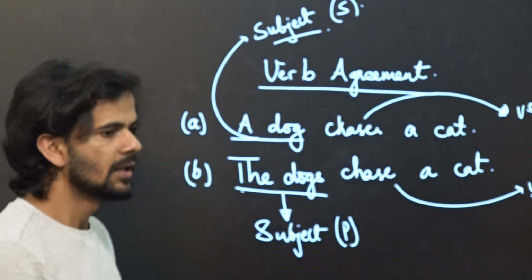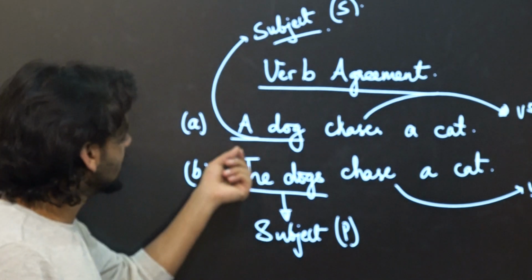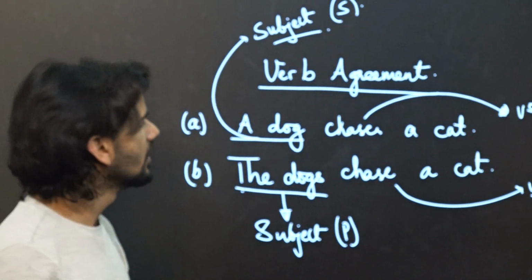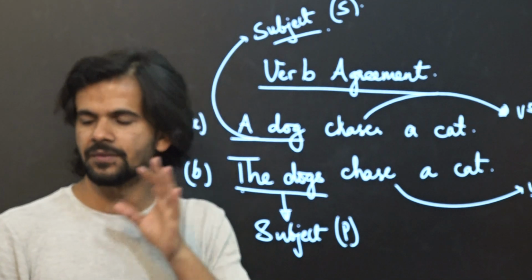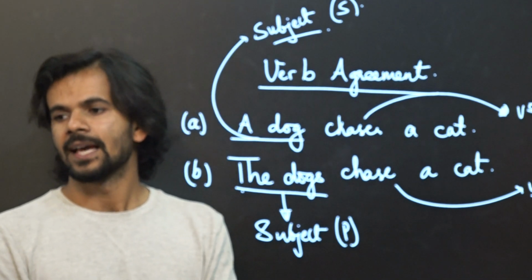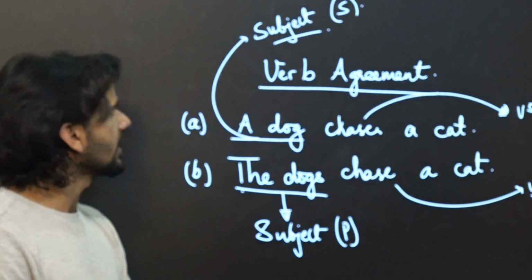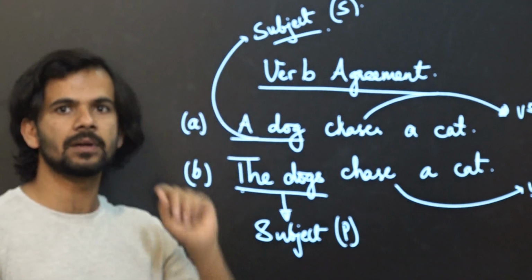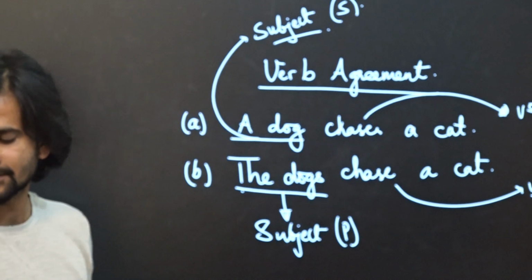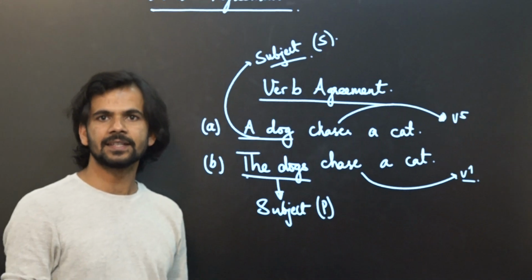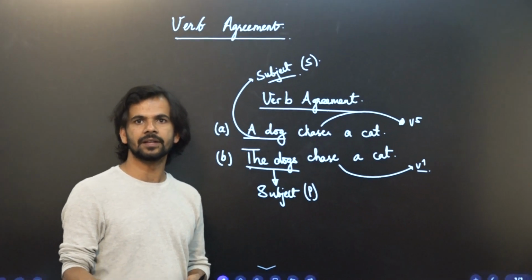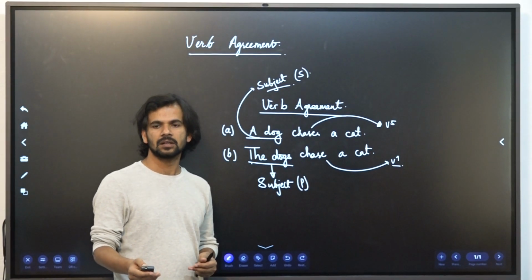Right? Depending on the nature of the subject, the verb also changes. The verb takes different forms. This is what we call subject-verb agreement. What do we call it? Subject-verb agreement. And this is what we will be learning in today's class.